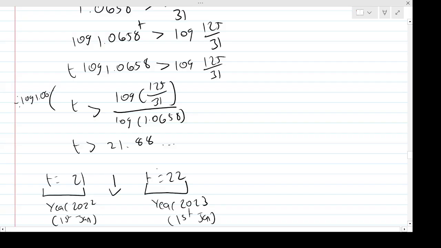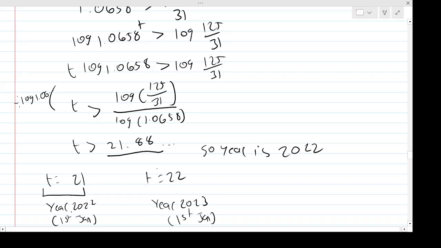Hopefully you understand that, because if t is 21.88, it's between 21 and 22. So it's between the 1st of January 2022 and the 1st of January 2023. So it has to still be in 2022 at some date. So the year is 2022. Okay, hopefully that made sense.